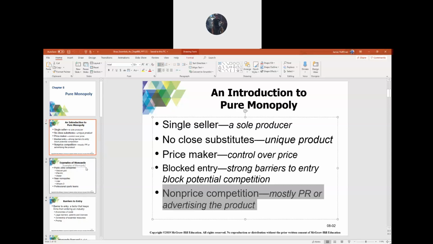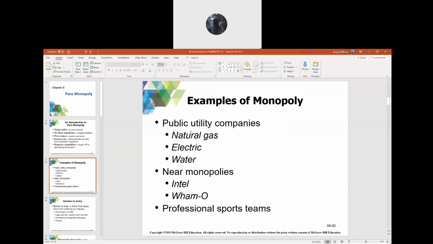Okay, so one seller, and they're a price maker, and these are some typical examples of monopolies that you're probably familiar with. Most public utility companies are monopolies. So your gas company, your electric company, water company, your trash company.